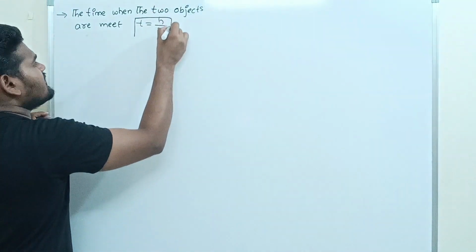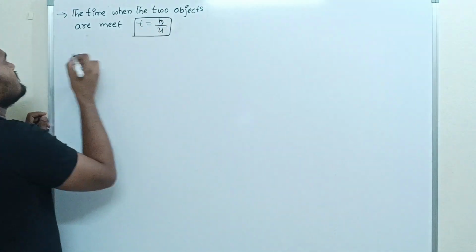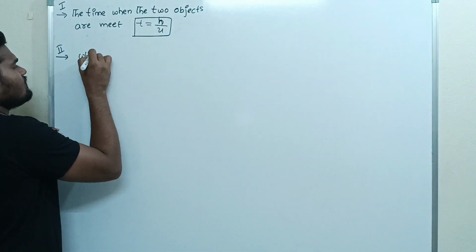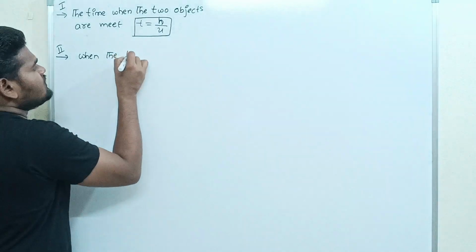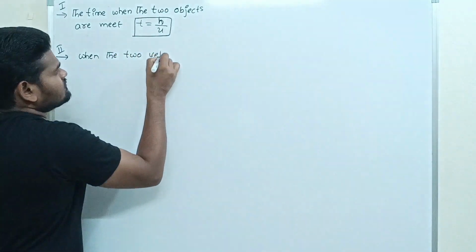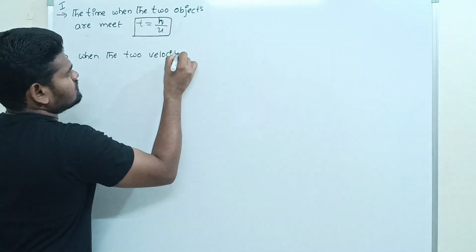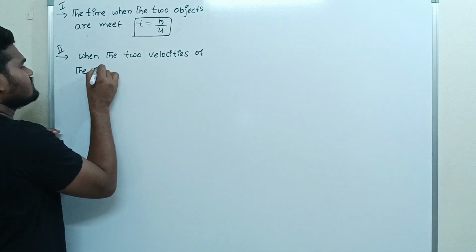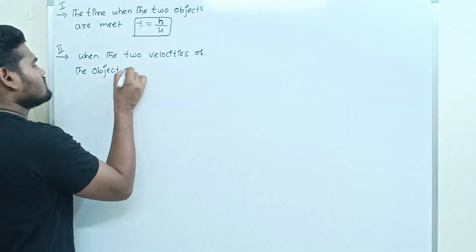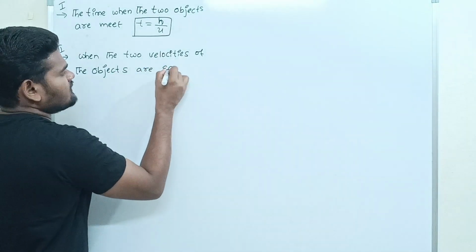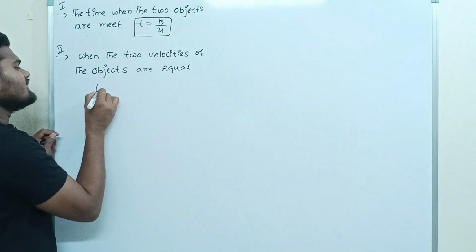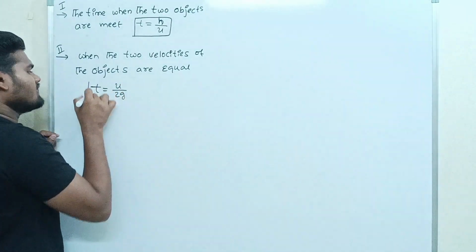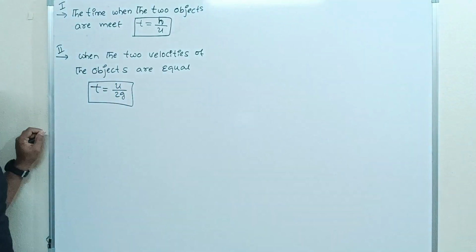And one more formula we got: when the two velocities of the objects are equal, t is equal to u by 2g.